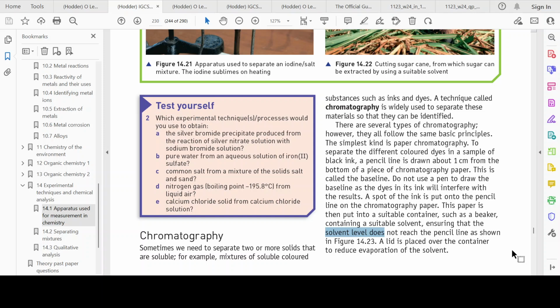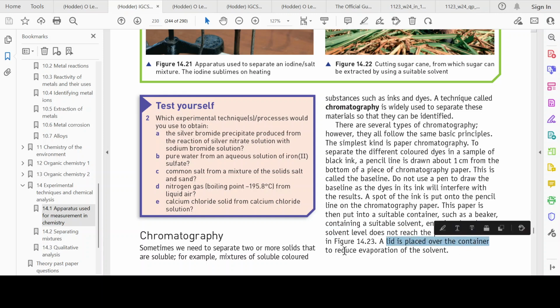So you want the solvent to be absorbed up the paper, and as it is absorbed up the paper, it will dissolve the ink, and then the different dyes or pigments in the ink will move with the solvent to different lengths. So, right, you need to ensure that the solvent level does not reach the pencil line.